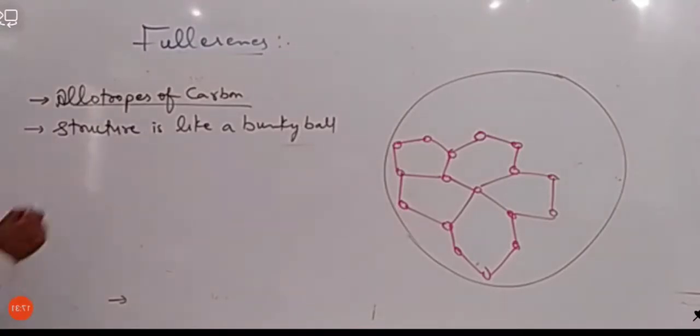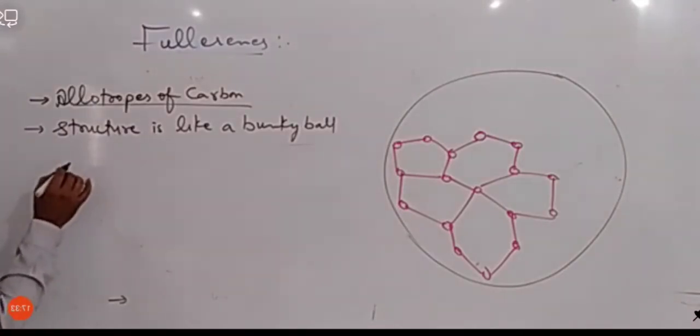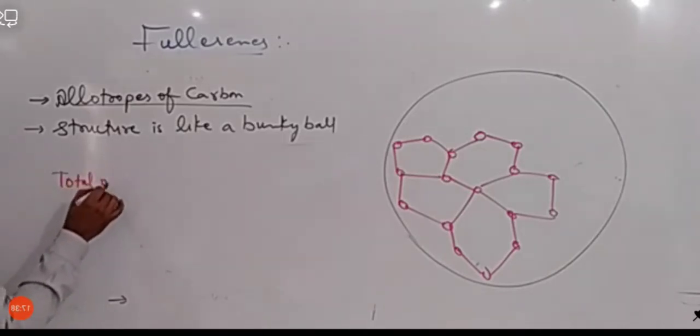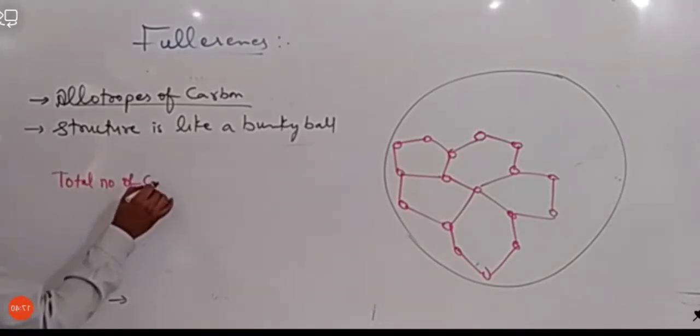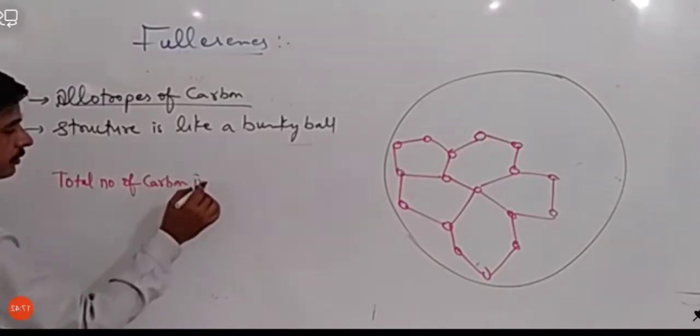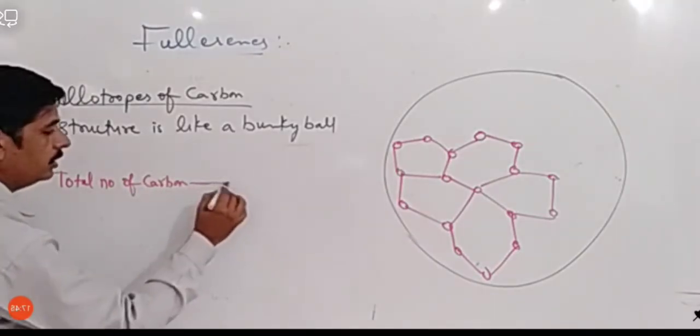So here you can see the total number of carbons in fullerene. They are 60.